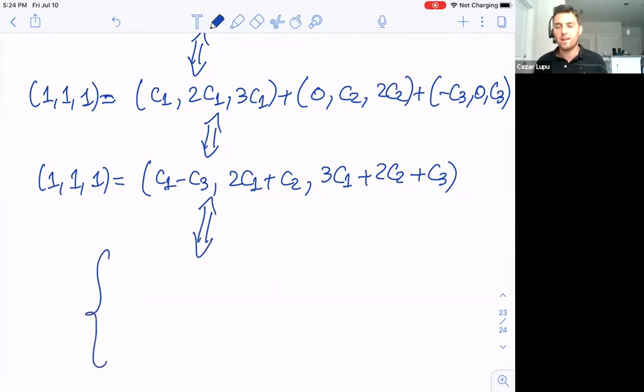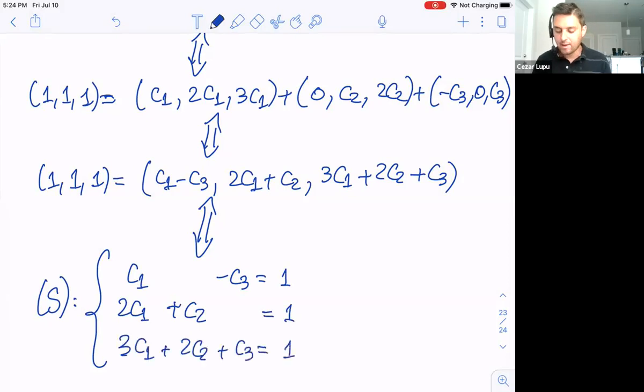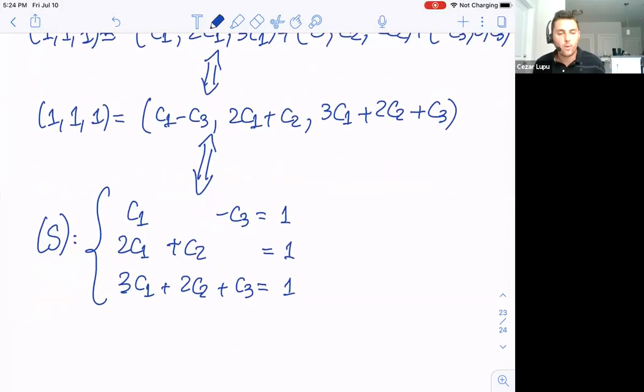You see, at the end of the day, we end up with a system again. C1 minus C3 is 1. 2C1 plus C2 equals 1. And the last one is 3C1 plus 2C2 plus C3 equals 1. This is a system of linear equations you are already used to.